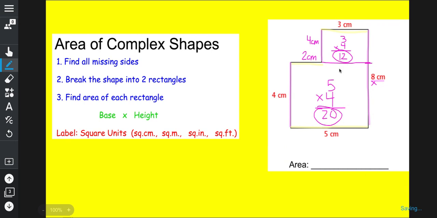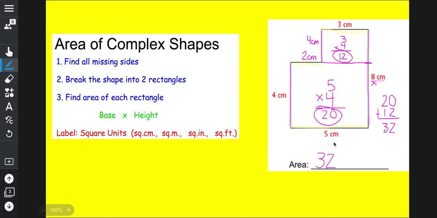Now, we have 2 partial products, 12 and 20. We need to find the total area of this shape. So I'm going to do 20 plus 12 to find out how much my total product or area is, which we get 32. So our area is 32, but we need to make sure we put a label because the label is an important part of the answer.